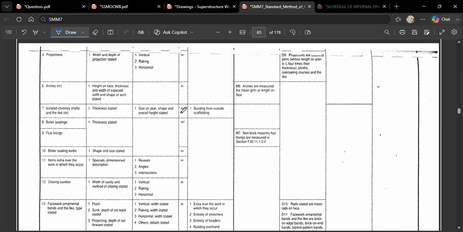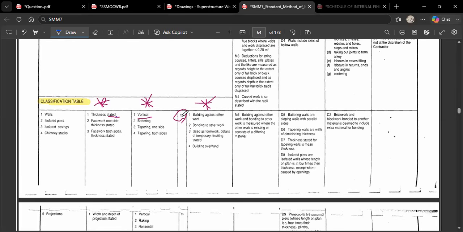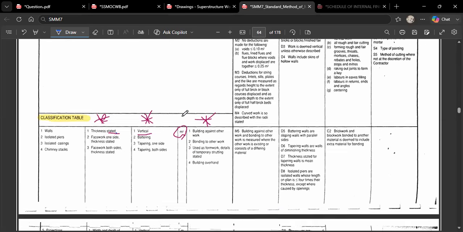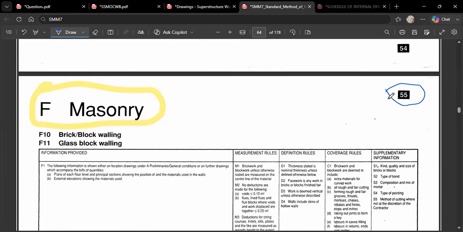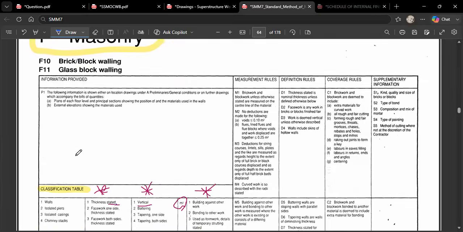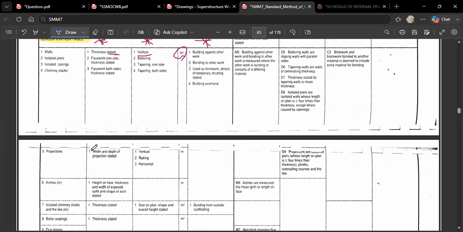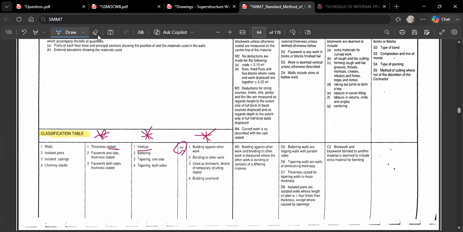So this is the F10 that we have opened to. And you see that the F10 that we have opened to is the masonry. So in the F10, our main focus should be on the quantification, the classification. Exactly.